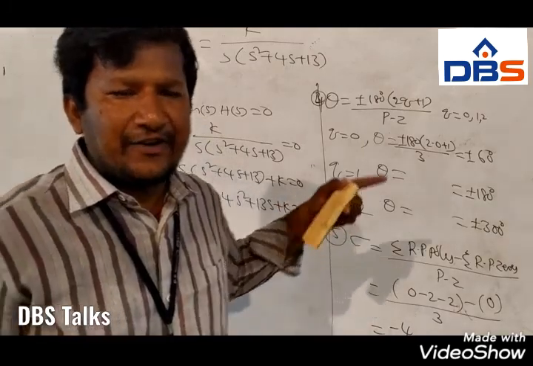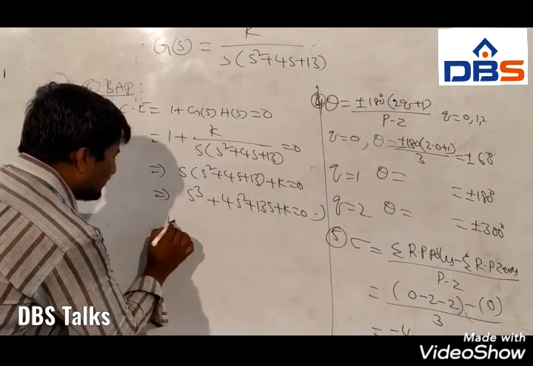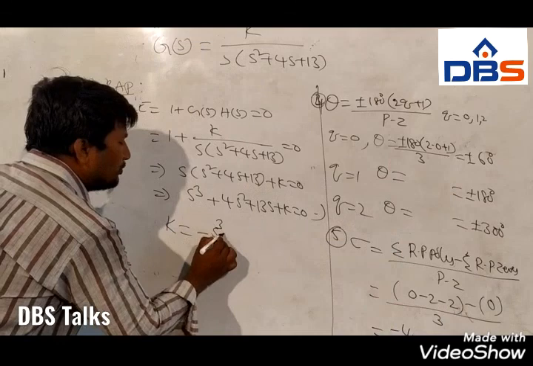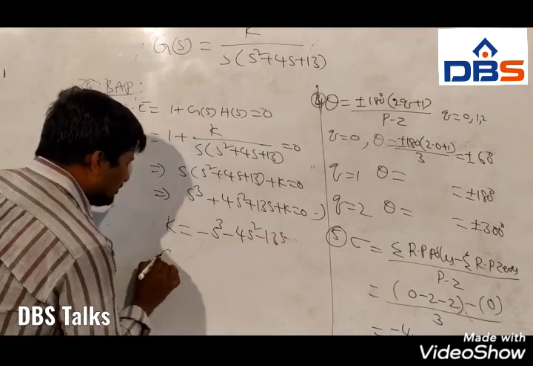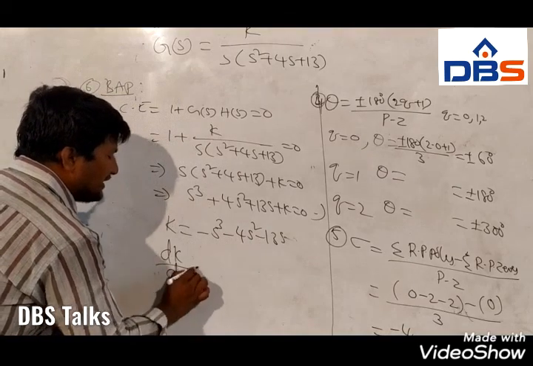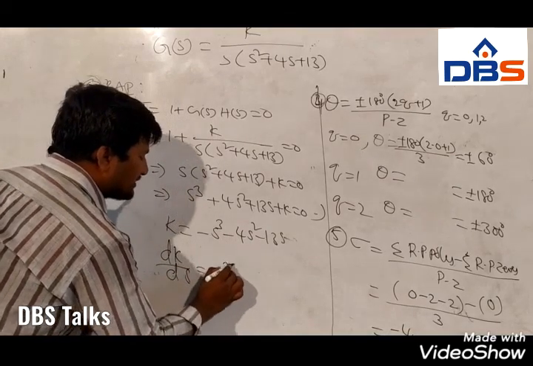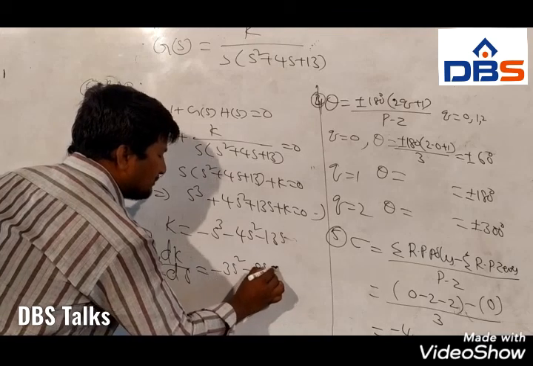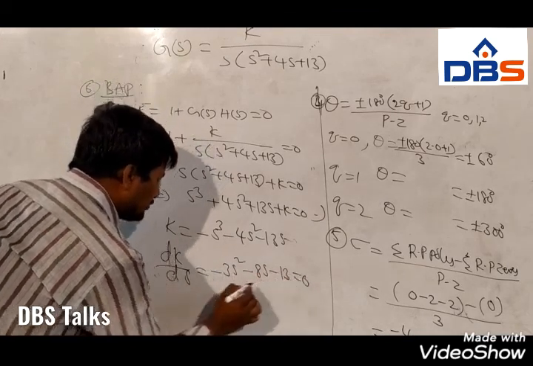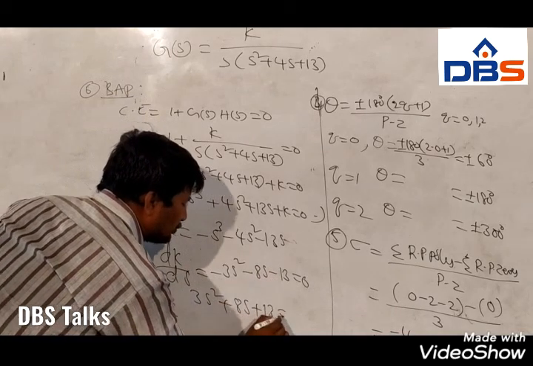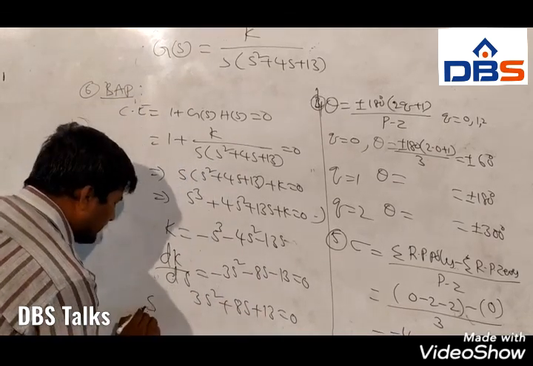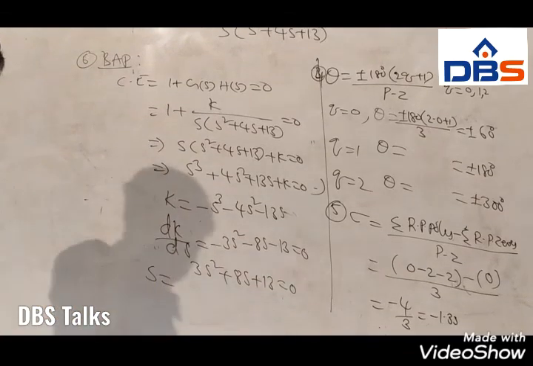Now take k as a function of s: k equal to minus s cube minus 4s square minus 13s. Differentiate with respect to s and equate to 0: minus 3s square minus 8s minus 13 equal to 0, that is 3s square plus 8s plus 13 equal to 0. Now determine the roots of this polynomial equation.